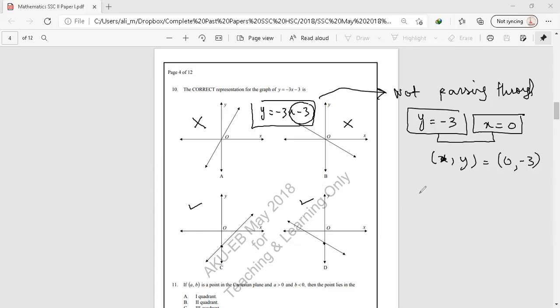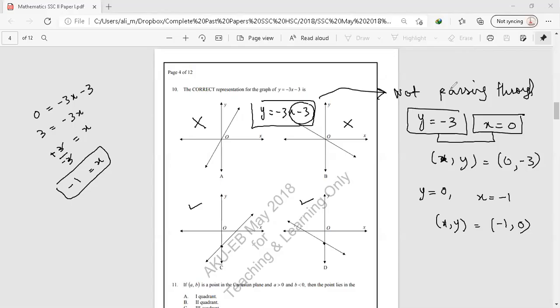So let's say if y is equal to 0, then what is the value of x? I have solved this equation by putting in the value of y. So at y equals to 0, the value of x is found to be minus 1. So these are actually 2 points that satisfy this equation.